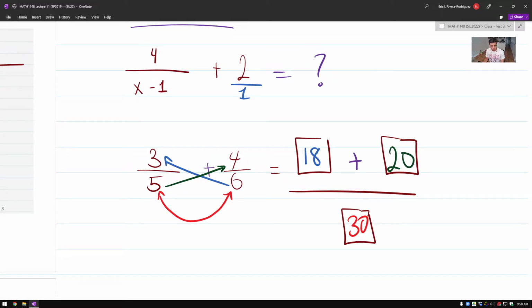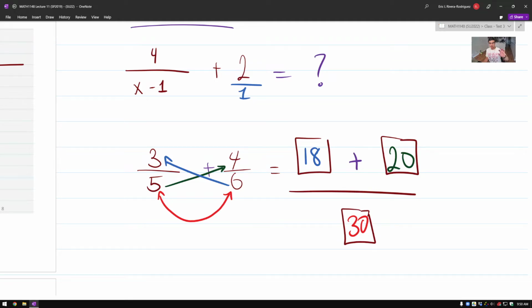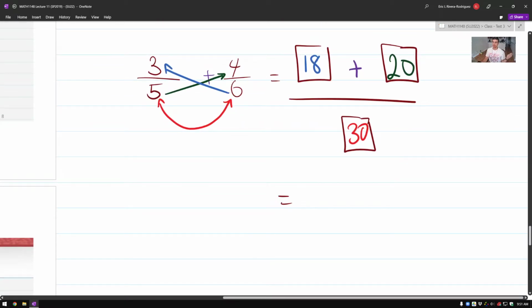This denominator is not always going to be the least common denominator, but it's something that is going to help you. If you cannot find a common denominator in your head or in your notes, do this and you will always get it correct. After we complete the fraction, we need to add these two numbers.